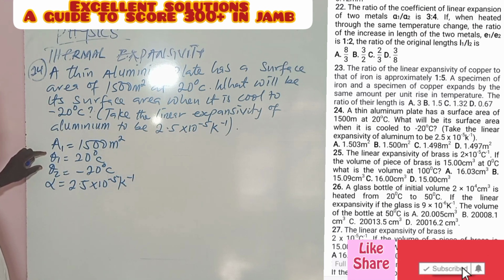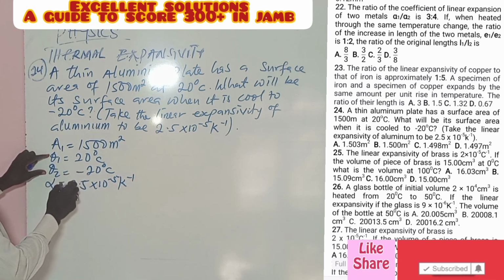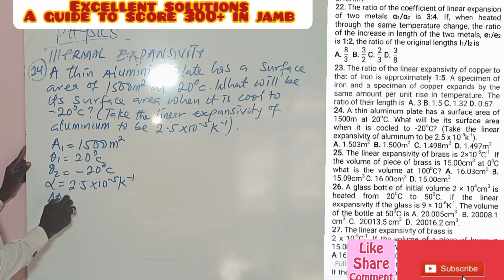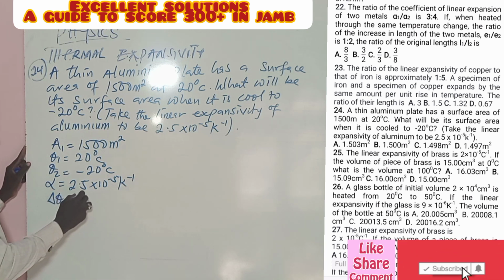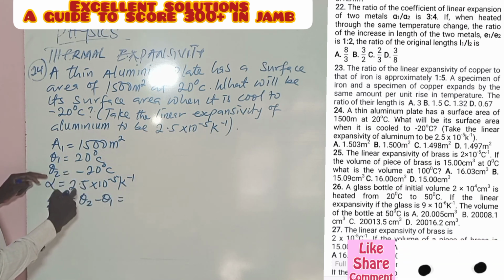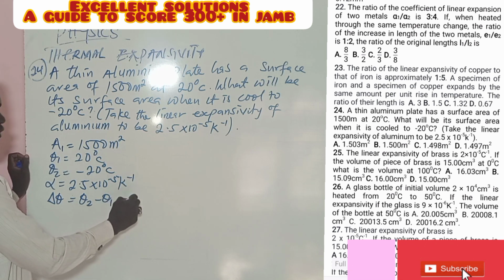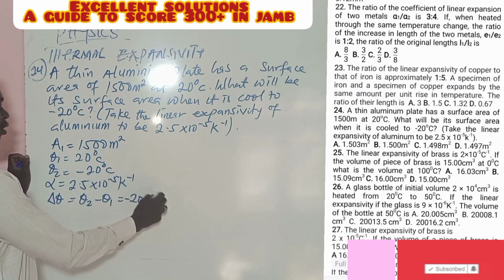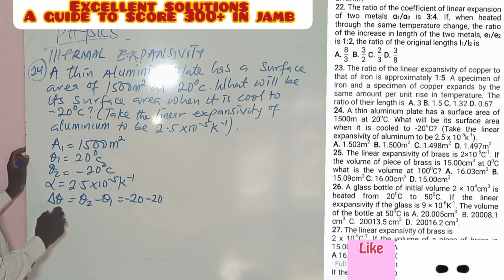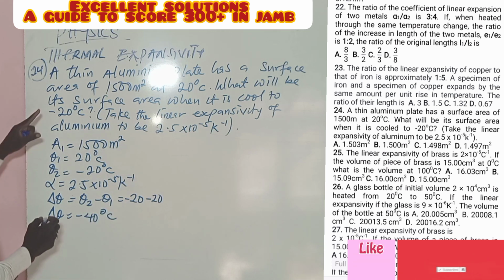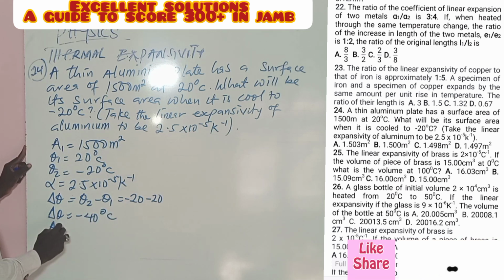So here we look at this, our delta theta is theta 2 minus theta 1. So delta theta equals theta 2 minus theta 1, which is the same as minus 20 minus our theta 1, which is 20. So delta theta equals minus 40 degrees Celsius. So we are to look for A2.